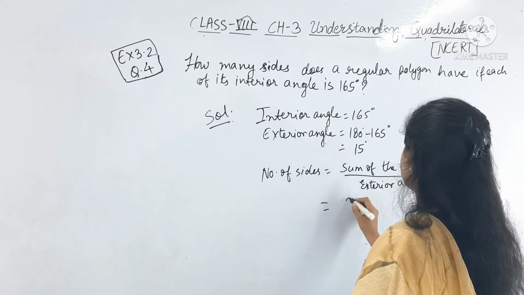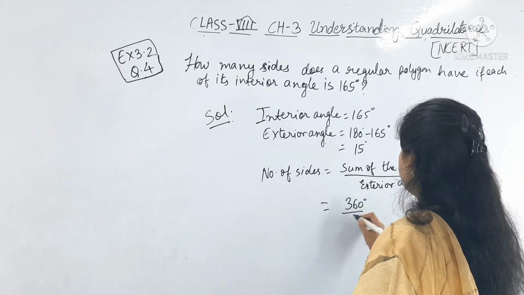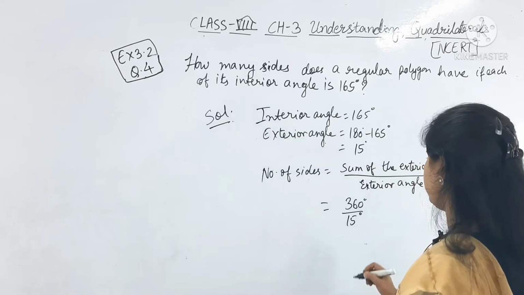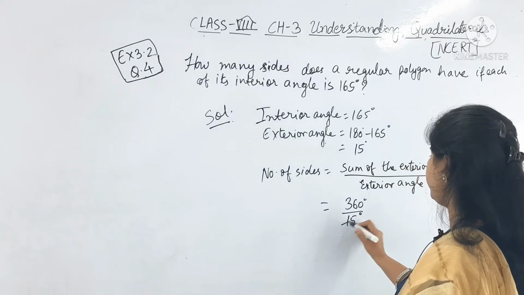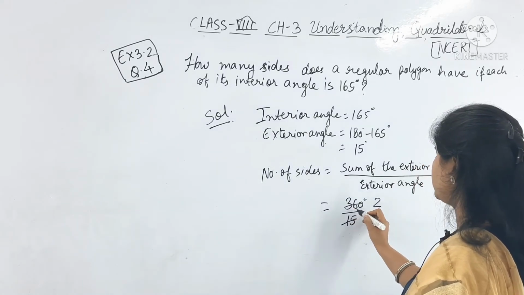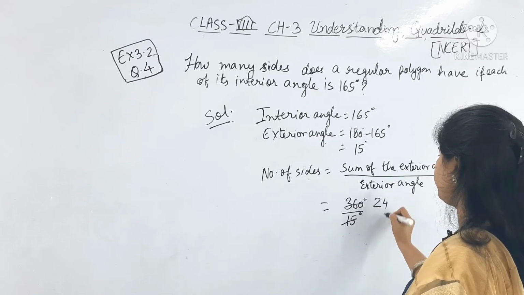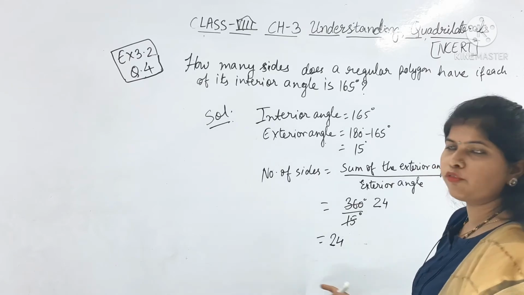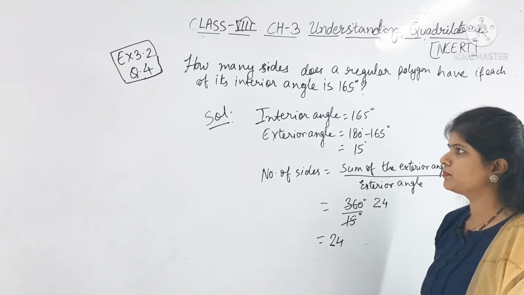Okay, so this is 360 degree we know, divided by 15 degree. 15 ones are 15, 15 twos are 30, 15 fours are 60. So number of sides is 24. This is the answer for question number 4.